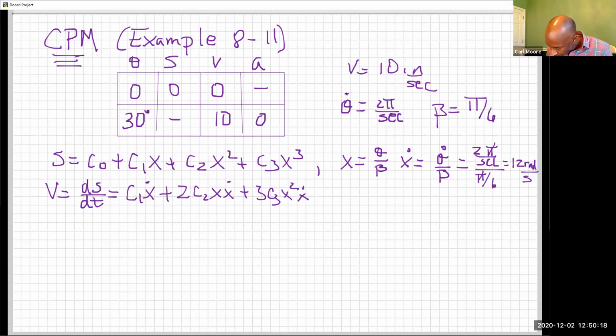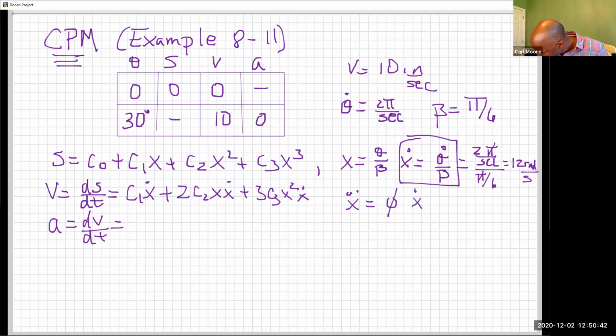Now I need to do the acceleration, so that's the derivative of the velocity with respect to time. This is going to require some x double dots. What is the x double dot? If x dot is 12, then x double dot is 0. There is no theta double dot, and that's the reason: x dot was theta dot over beta, so x double dot would be theta double dot over beta, but we're assuming a constant rotation of our cam.